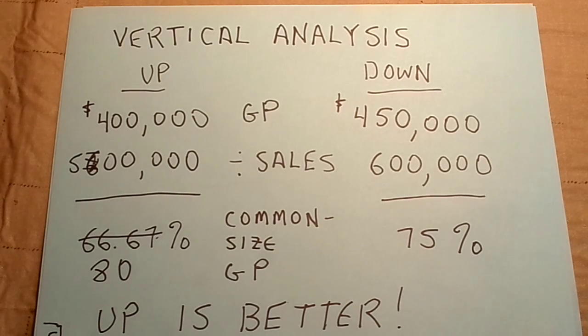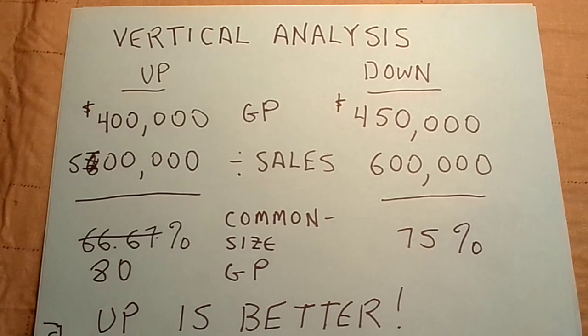Well, if we divide Up's gross profit by sales, we come up with something called the common size gross profit. We turned gross profits, which wouldn't be comparable, Up's is 400,000, Down's is 500,000, into a comparable common size gross profit, because we're looking at what percentage gross profit Up is versus Down.